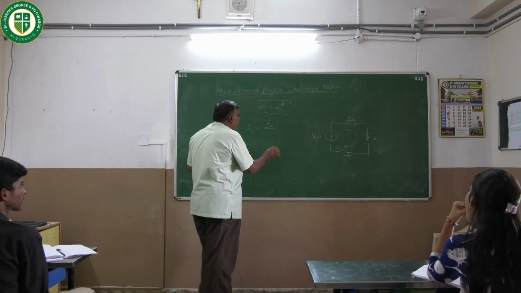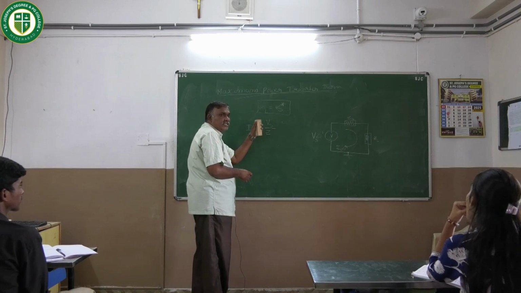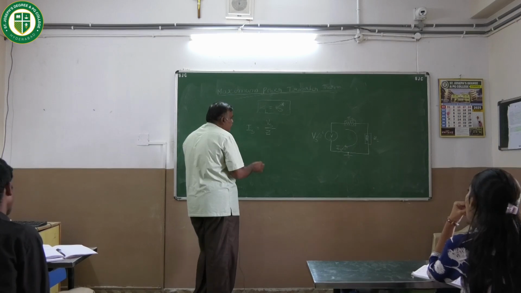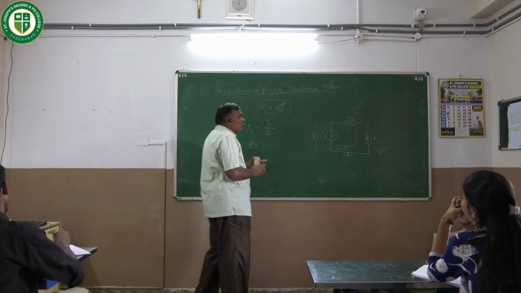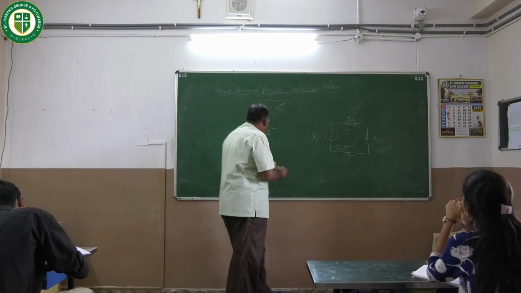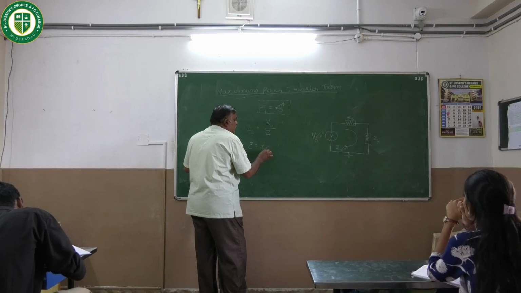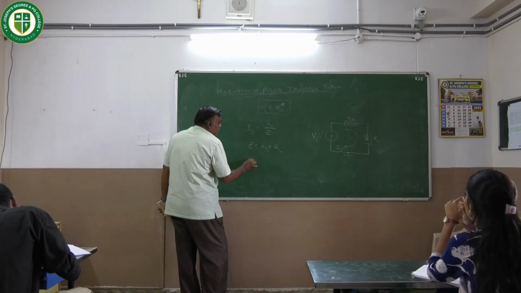So Is is equal to Vs by Z. What is Z? Z is going to be the sum of those two. Why the sum? Both are in series connection. So Zs plus Zl.